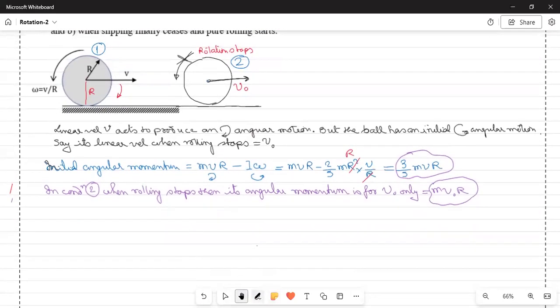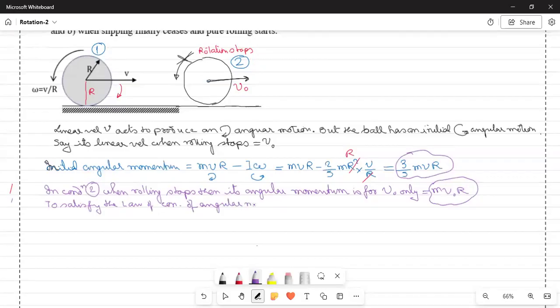Now, this 3 by 5 mvr and mv0r have to be equal to satisfy the law of conservation of angular momentum. So m v0 r will be equal to 3 by 5 mvr.